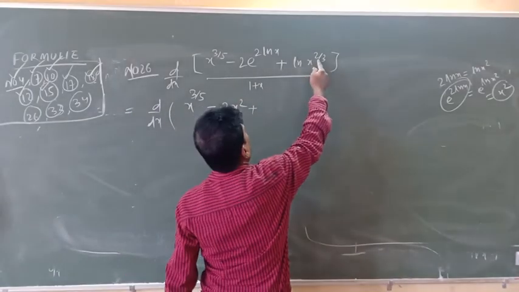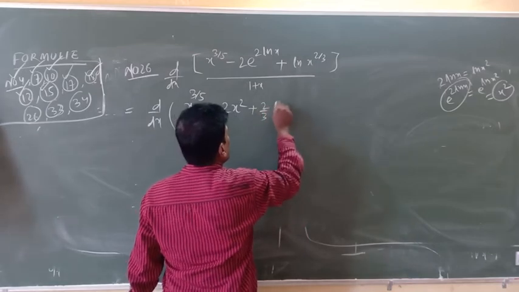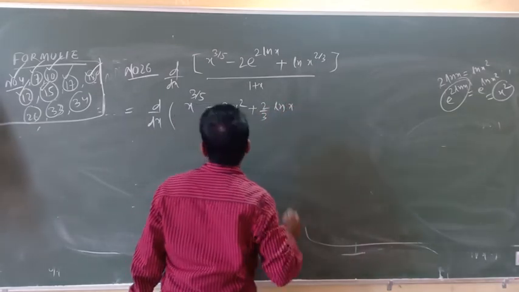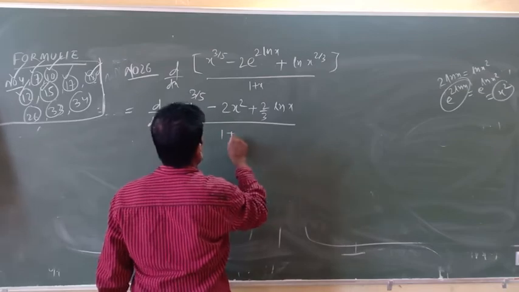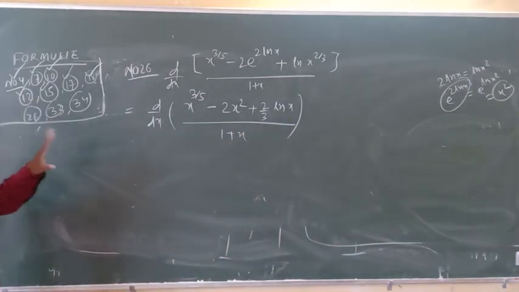Similarly, 2 by 3, the power multiplied with the x, the logarithm being the first function, so 2 by 3 comes in front of the logarithm, which becomes ln x divided by 1 plus x. Now look here, that is a purely divisible function, the derivative of a divisible function.